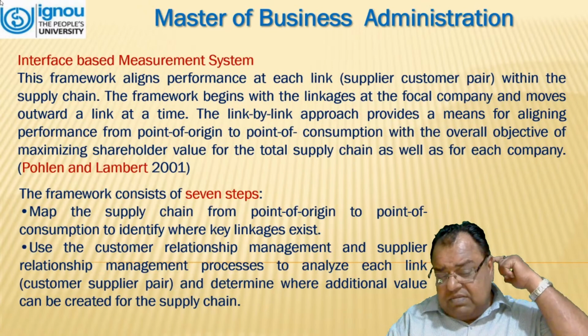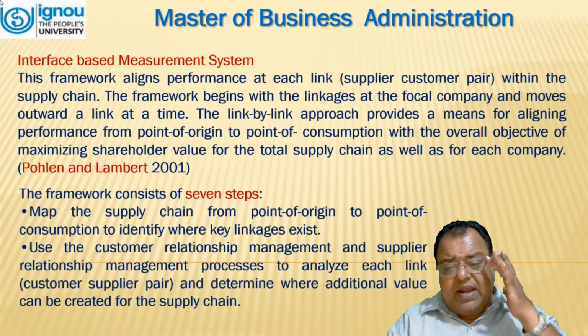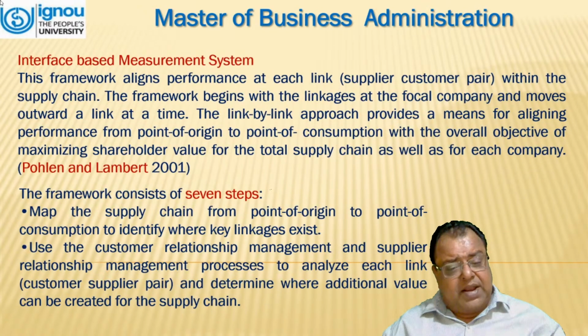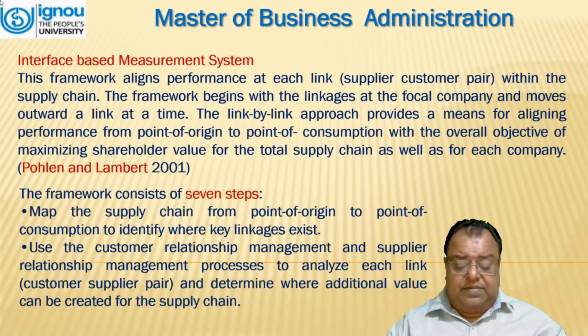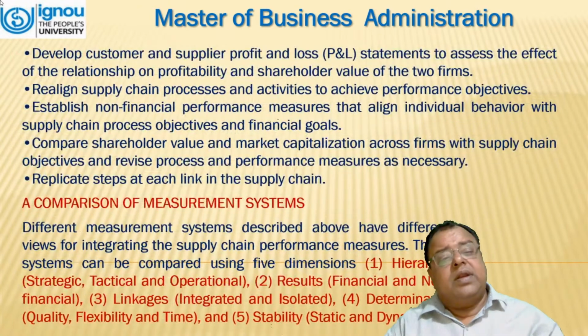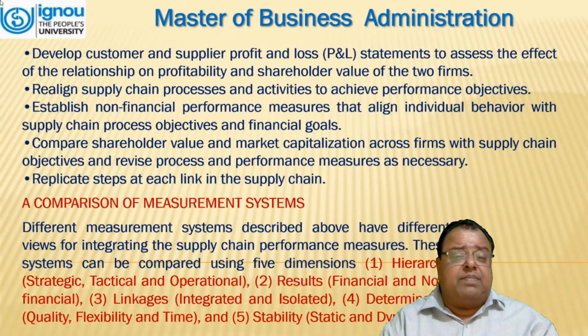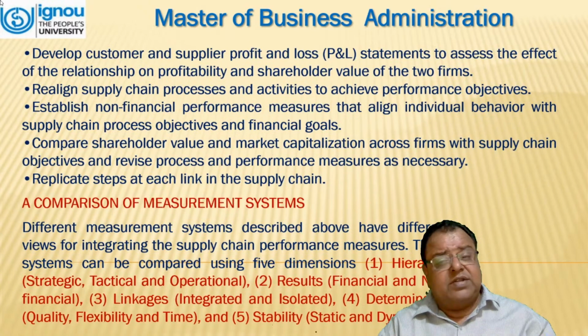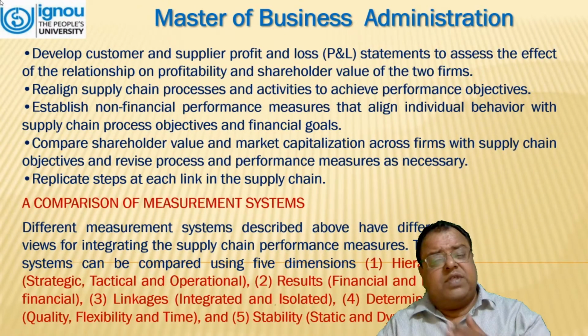Use customer relationship management and supplier relationship management processes to analyze each link and determine the additional value that can be created from the supply chain. Develop customer and supplier profit and loss statements to assess the effect of the relationship on profitability and stakeholder value of the firm.